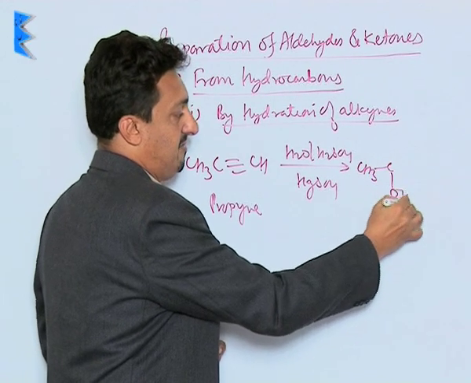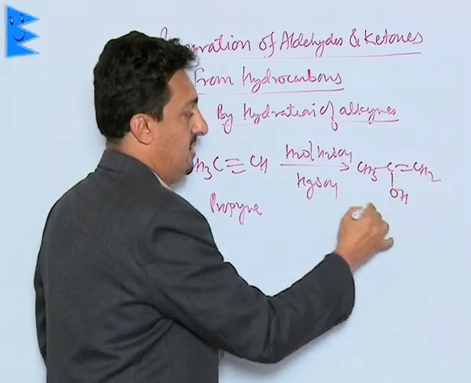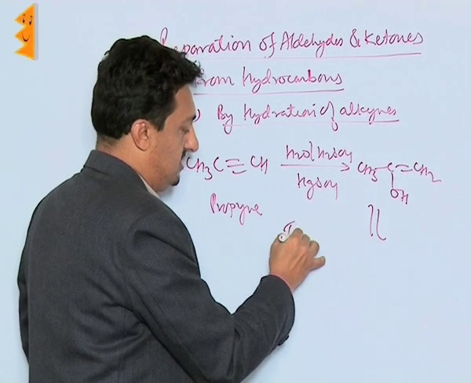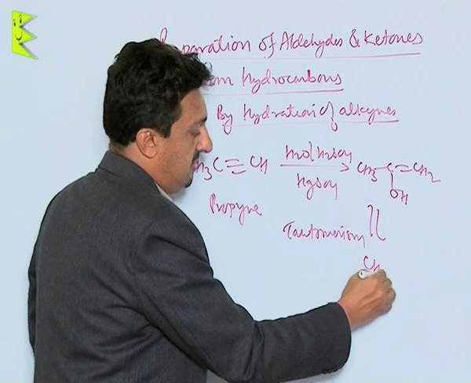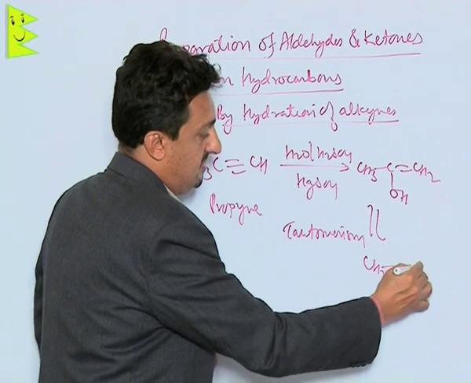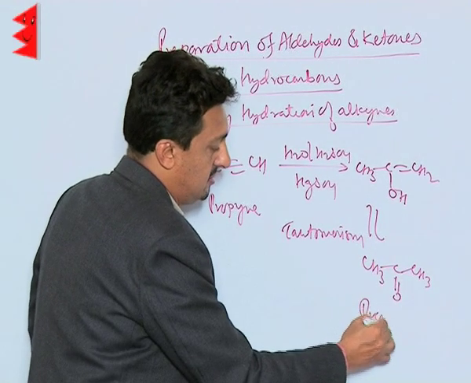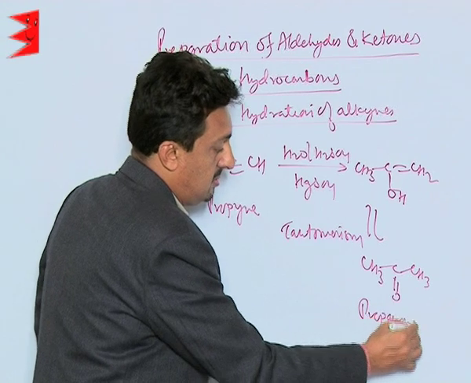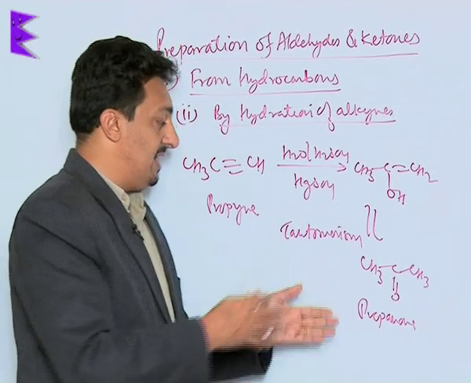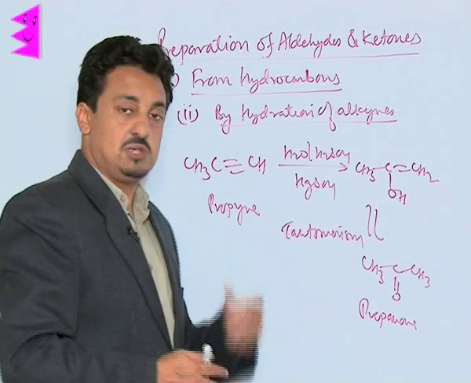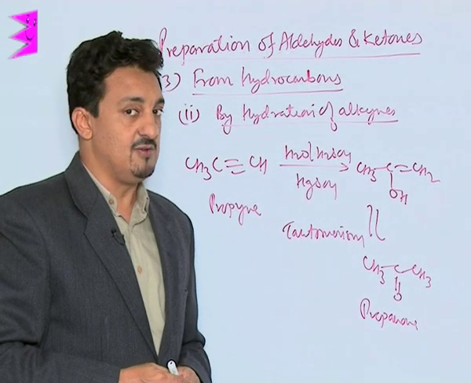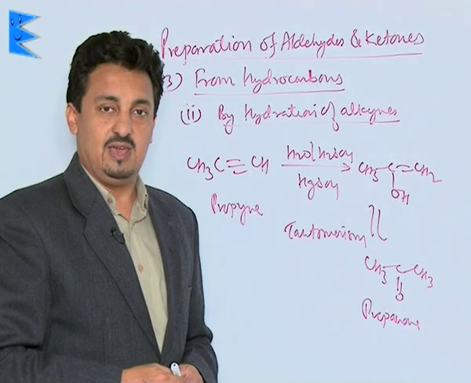So addition takes place as per Markovnikov's rule, but this molecule again will show tautomerism, and what we will get is propanone. So higher alkynes give you ketones and acetylene gives you an aldehyde, ethanal. This is how we can prepare aldehydes and ketones from the hydration of alkynes.